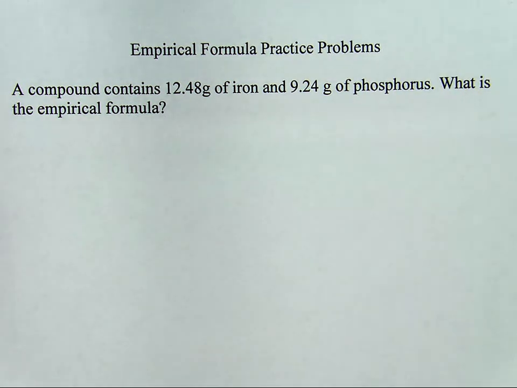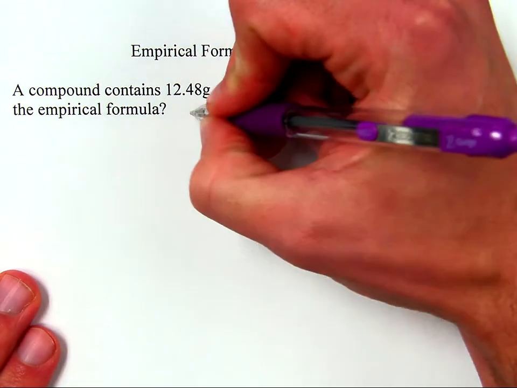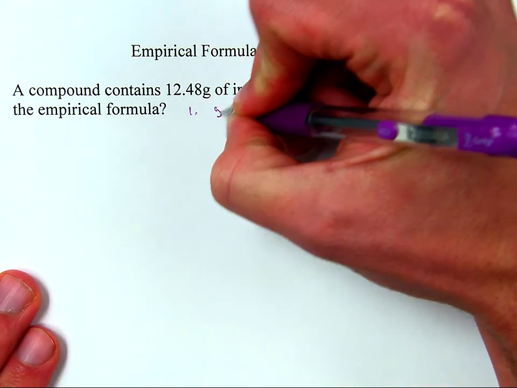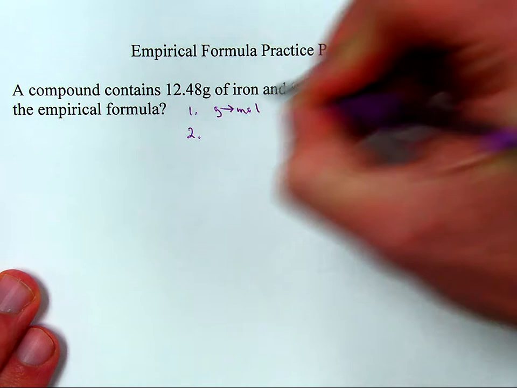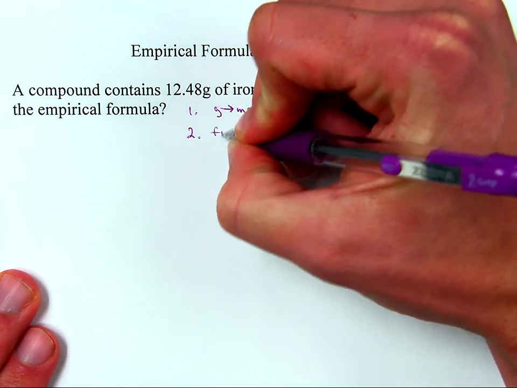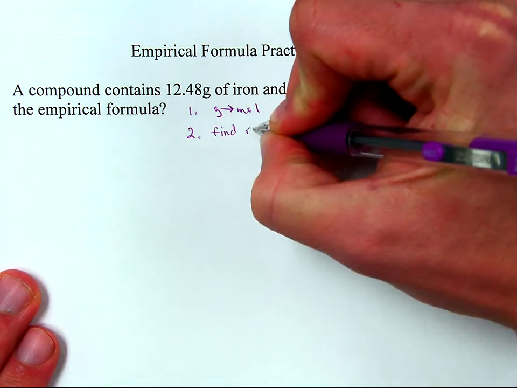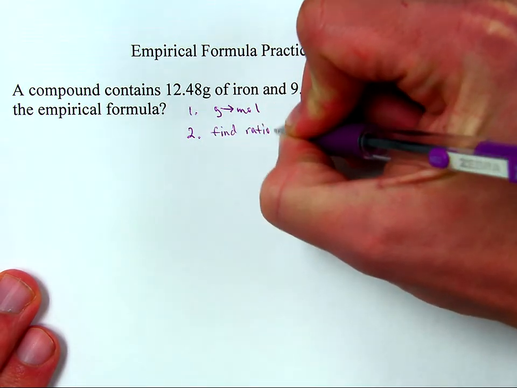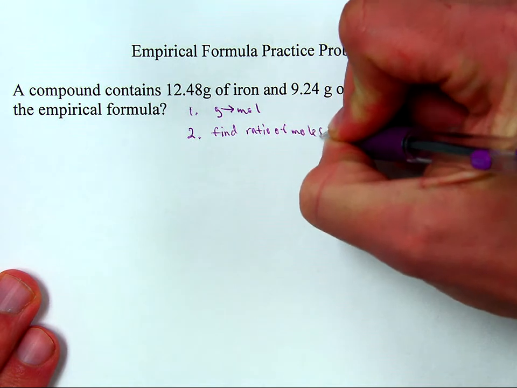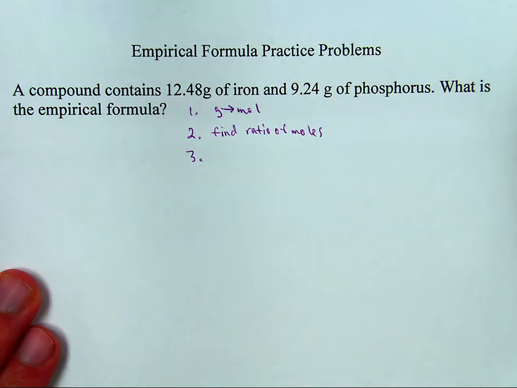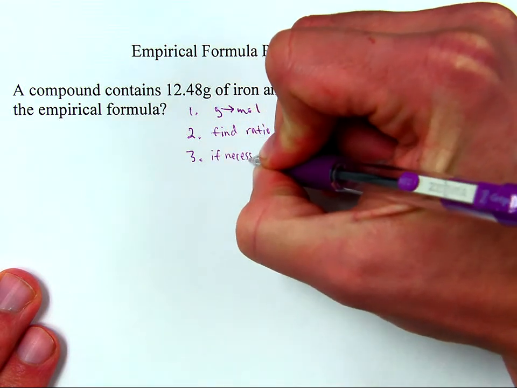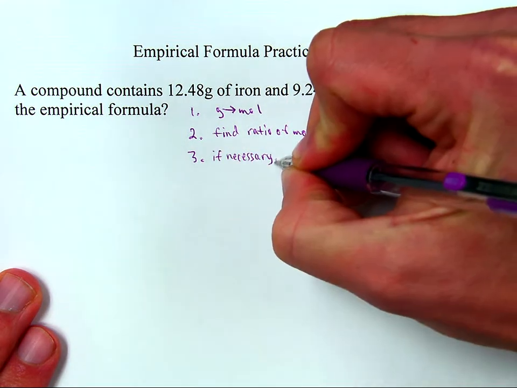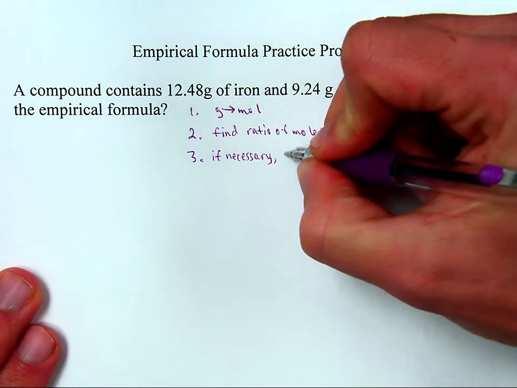So a game plan for this one: 1, convert from grams to moles; 2, find the mole ratio, or I guess I could also say find the ratio of moles; and step 3, if the ratio does not come out to an even number, if necessary, convert the ratio to whole numbers.